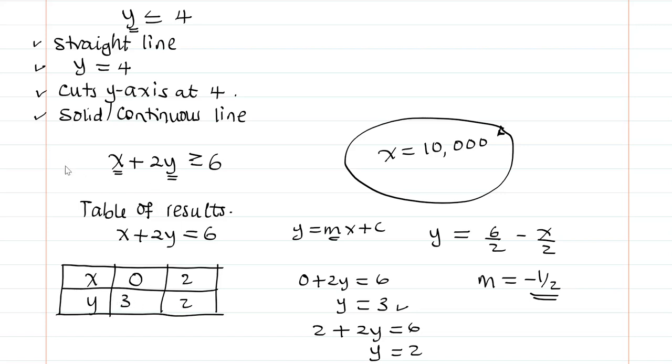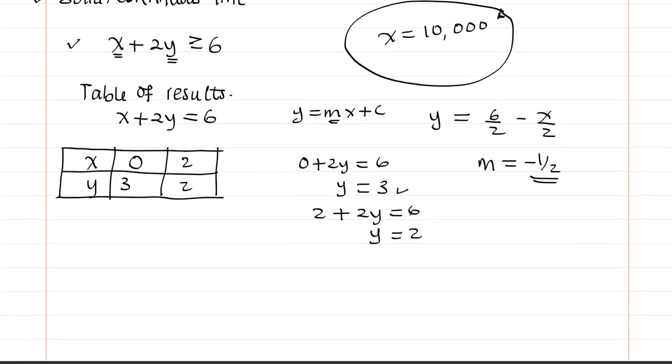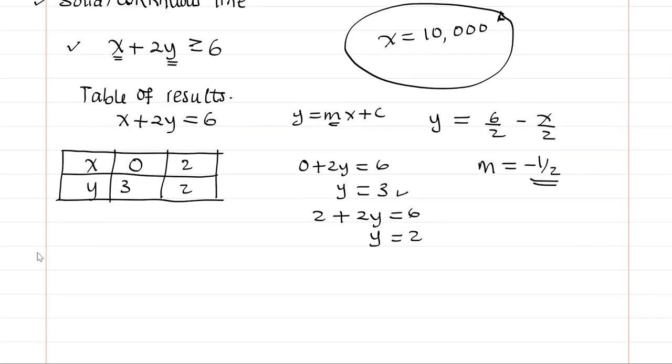For us to plot this inequality, we need to plot the following points: 0 and 3, and the point 2 and 2. Those are the points that we are going to plot.